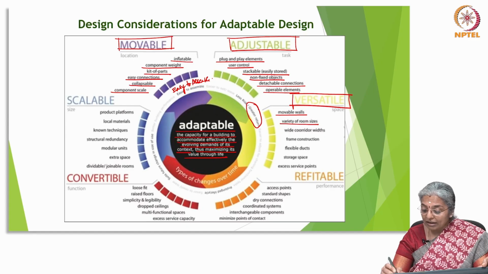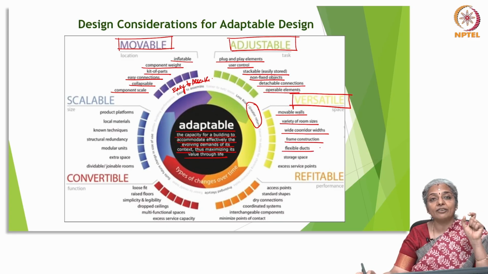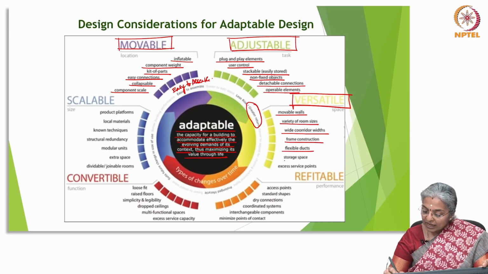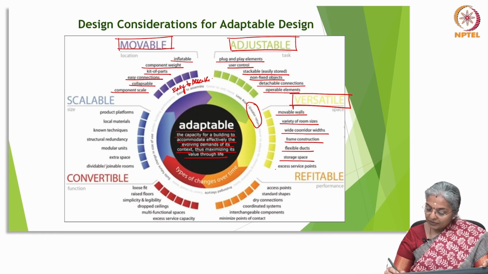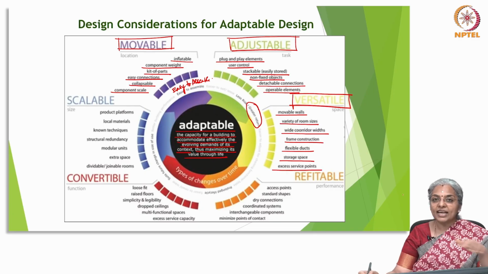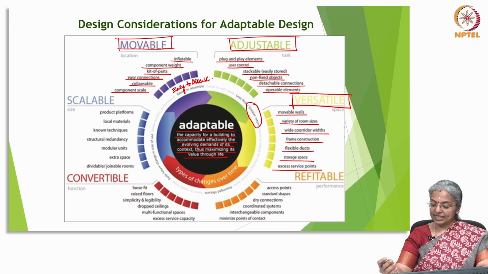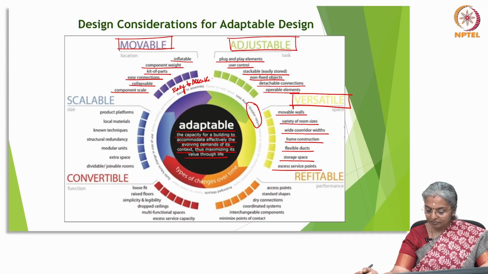Or can we have a variety of room sizes? What will be the corridor widths even if it is modular? Is it a framed construction? Does it have flexible and identifiable ducts? Is there a facility for storing this material? And does it involve excess of anything, such as excess service points?